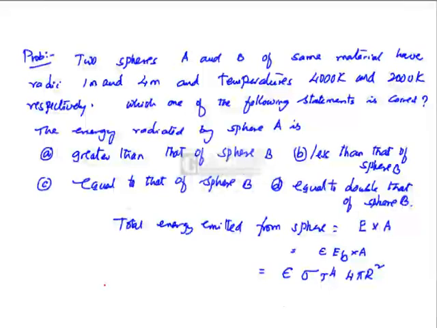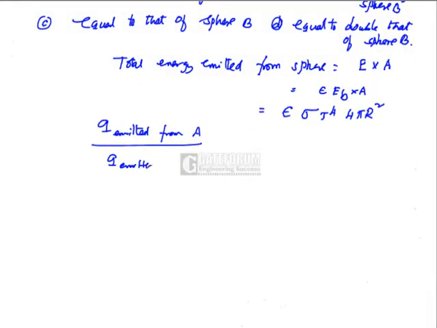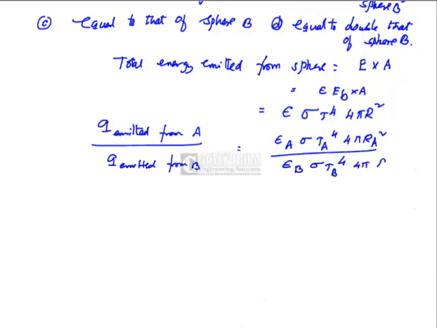Therefore, energy emitted from A divided by Q emitted from B is equal to epsilon A sigma TA to the power of 4 into 4 pi RA square divided by epsilon B sigma TB to the power of 4 into 4 pi RB square. Epsilon is the same because they are made of the same material.